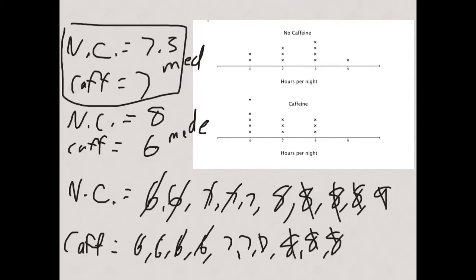So 6 plus 6 plus 21 plus 32 plus 9 is 74. Divide that by 10, and I get 7.4 for my mean. Then 24 plus 21 plus 24. Divide that by 10, and I get 6.9.